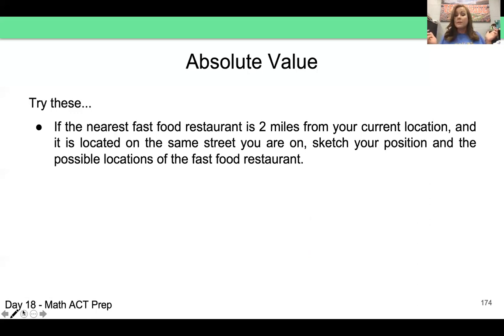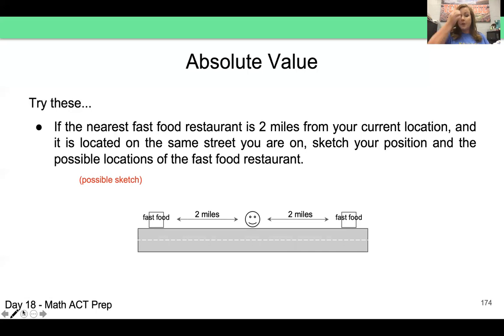Which way? Could be either one. So let's sketch out what it could look like. If you're standing there, you could be going 2 miles to the right. You could be going 2 miles to the left.